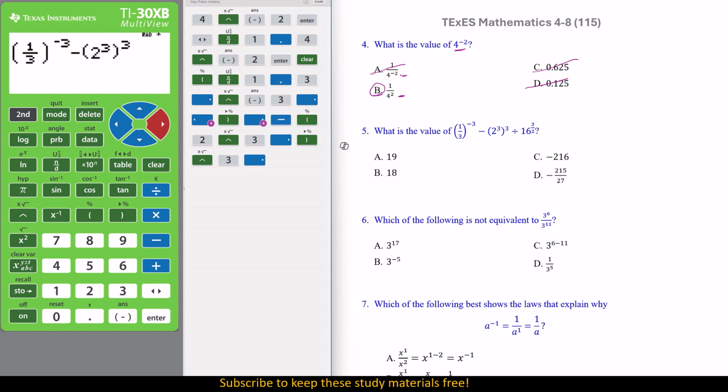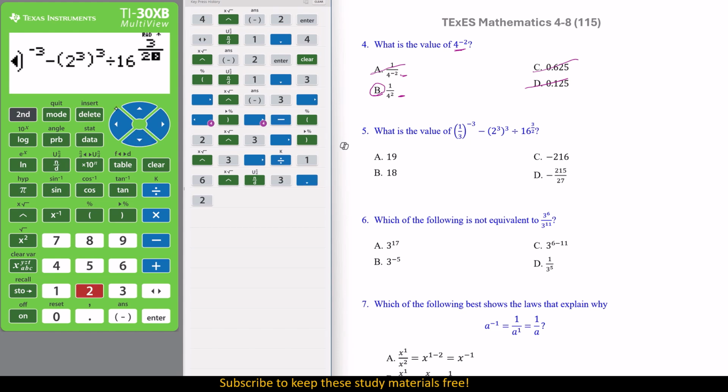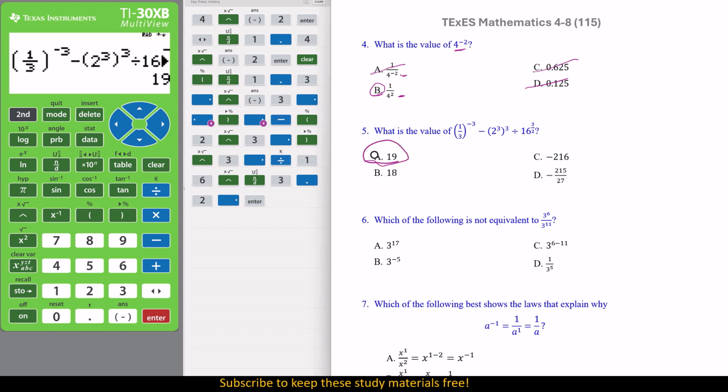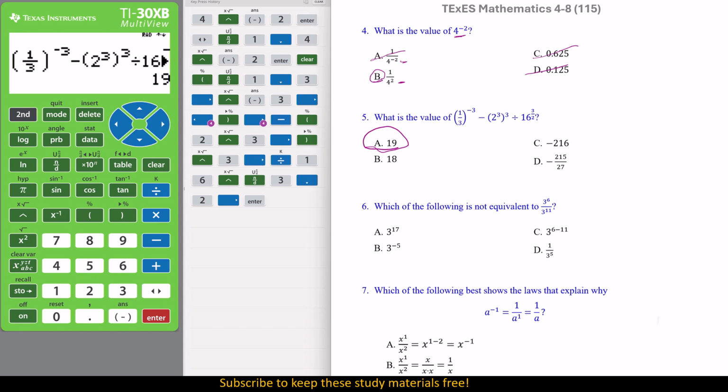Then you have to arrow over all the way, and I see division, and that is 16, carry it up, make a fraction, and then 3 over the 2. And let me look back. Did I do that right? I like what I entered, so let's push enter. And it is 19. That is A. That's just a situation of let's enter it.